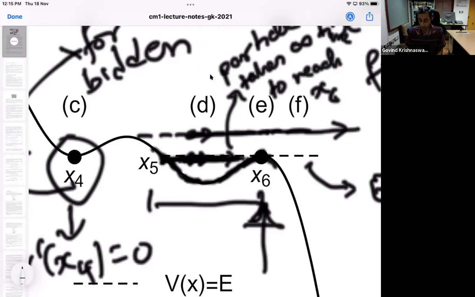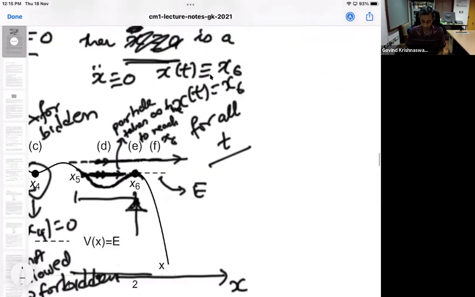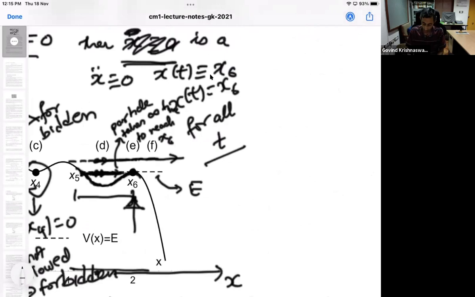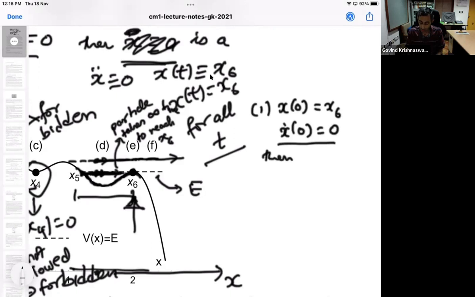There are two trajectories I want you to consider. One, which is x at 0 is equal to x6 and x dot of 0 is equal to 0. That is, you start at x6 and you are there and you start there with no speed. Then the solution is x of t identically equal to x6 for all times, because it satisfies these two initial conditions.